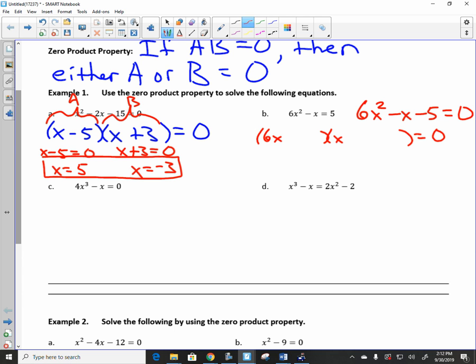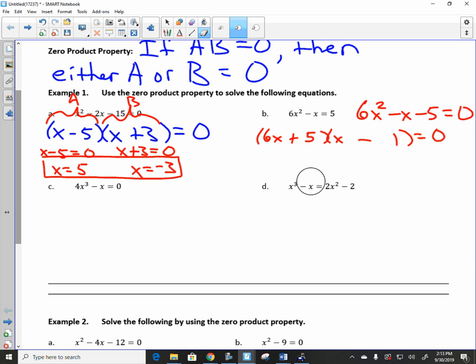No holding back this week, homecoming. 5 and 1. Throw the 5 there, throw the 1 here. We're going minus and plus. Does that give me negative x in the middle? Let's check. I've got 5x. I got negative 6x. That gives me my negative x. So that is correctly factored.